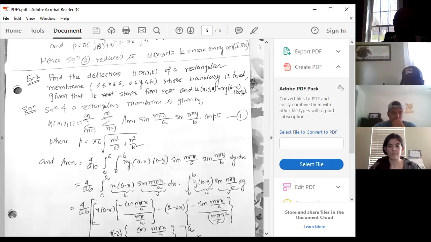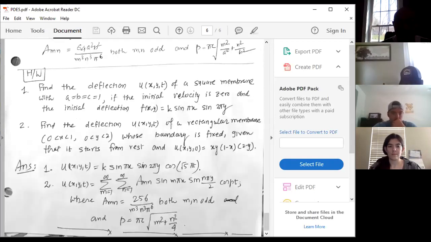Okay, let me do one thing. Before I go to the solution, look at these last two problems. Find the deflection u(x,y,t) of a square membrane with a equal to b equal to c equal to 1, if the initial velocity is 0, del u by del t equal to 0 when t equal to 0, and the initial deflection function is given to you.